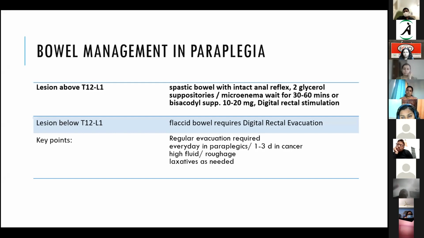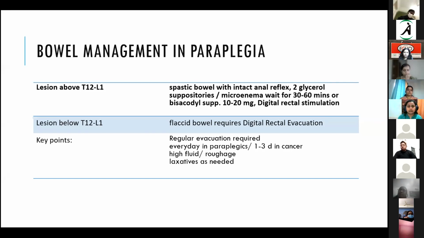Initially, it may be difficult, the patient might not pass with these measures, but explain to the family that they can continue doing so and develop an innate bowel habit to be able to pass stool at a particular time. So they can continue training that bowel by giving an enema, a suppository or direct rectal stimulation, every day at the same time of the day. That way they help develop a bowel regimen.